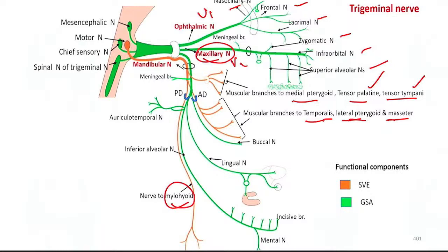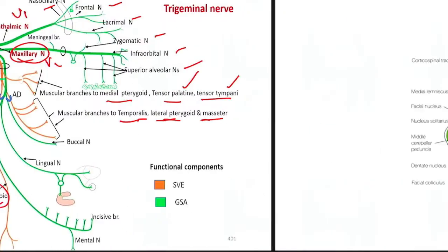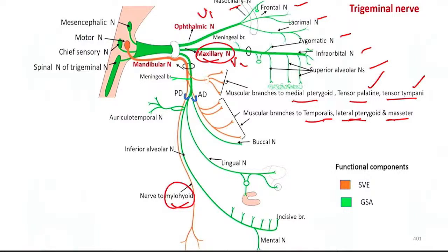And one parasympathetic supply I have mentioned, right? This parasympathetic supply is to the lacrimal gland. Okay. The lacrimal gland, see the zygomatic nerve is there, right? The zygomatic nerve and the lacrimal nerve. Okay, these two nerves join together to give off parasympathetic supply to the lacrimal gland.